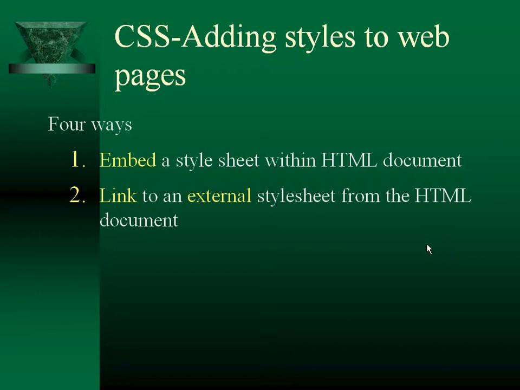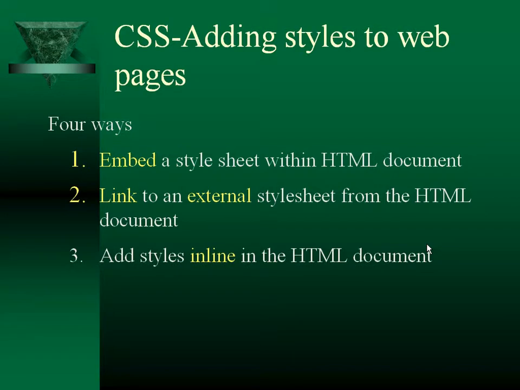The third way is to add the styles inline in the HTML document. The fourth way is to import style sheets using a URL. Let us see how these 4 ways are implemented.